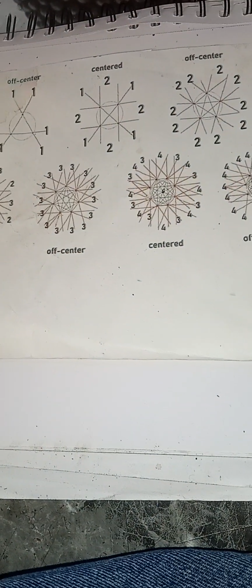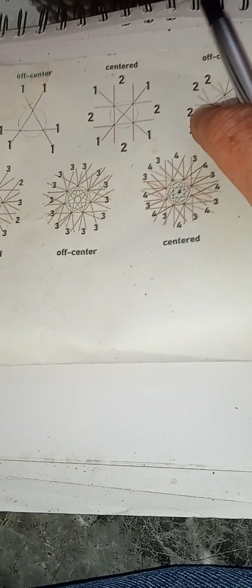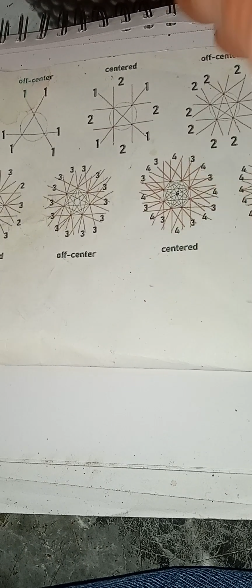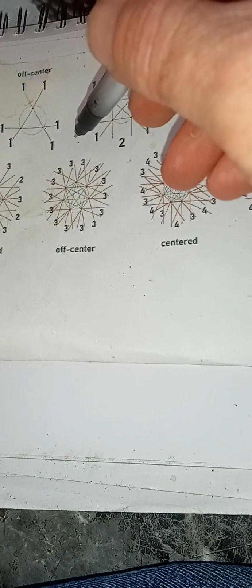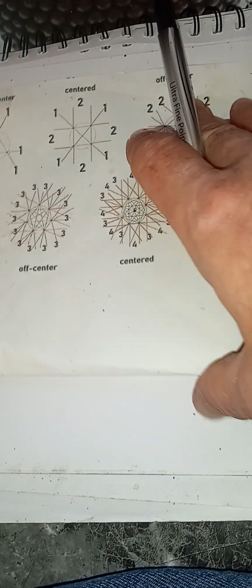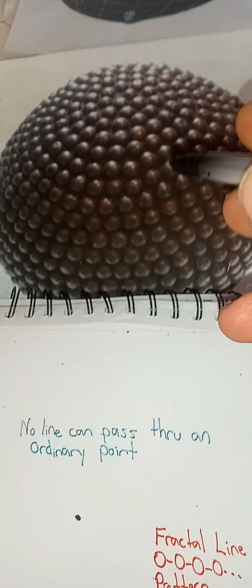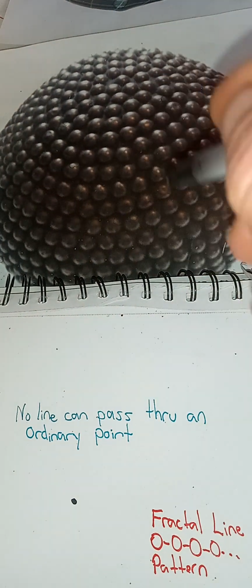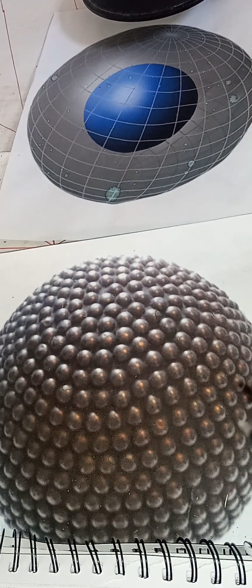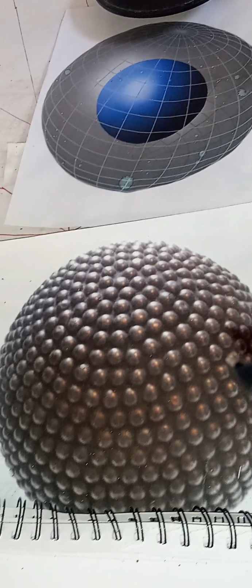And this is one way that you can get rid of infinities. Instead of having a point, you have a fractal point. And this could be an image of a fractal point. And this is a fractal point where it intersects with itself.